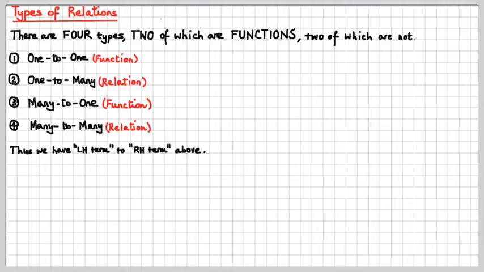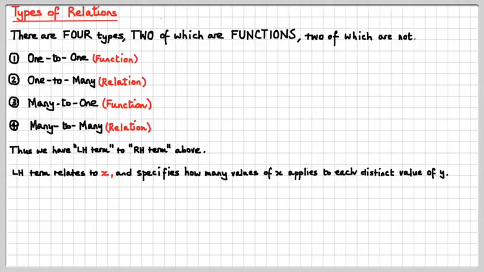Now, what I'm saying is the left-hand term relates to x, the values of x, and specifies how many values of x apply to each distinct value of y. Now that might sound as clear as mud, but you'll get it in a minute when I show you pictorially what this means. It's really quite neat. So the left-hand side relates to the x, how many x's there are for a value of y.